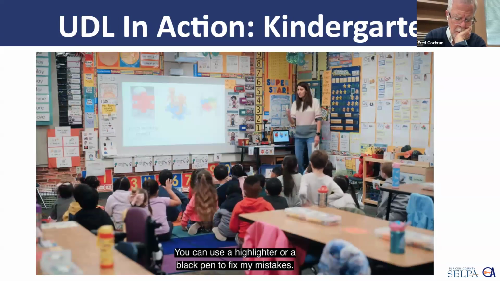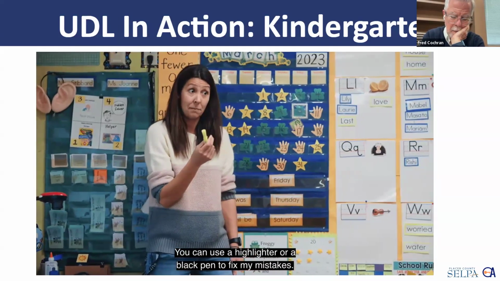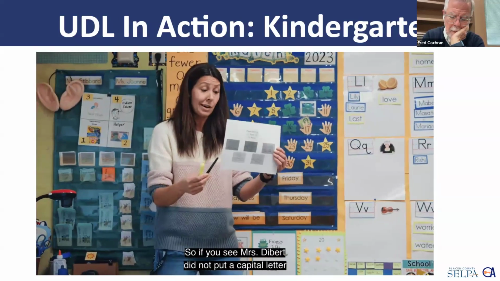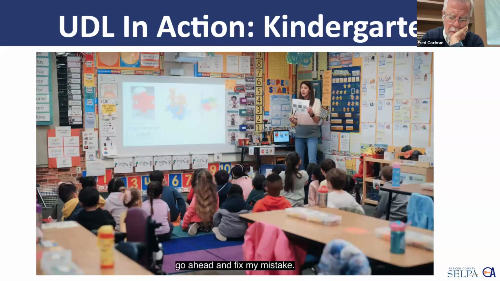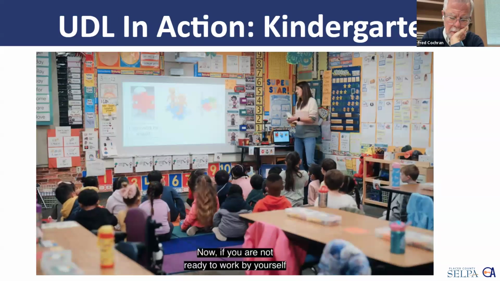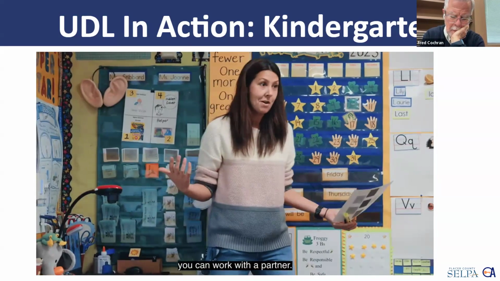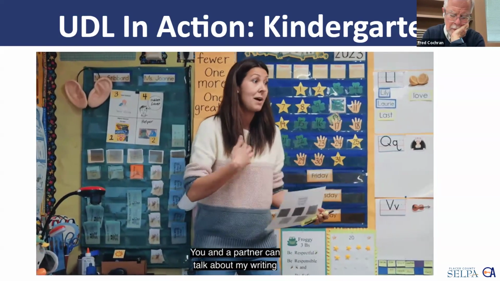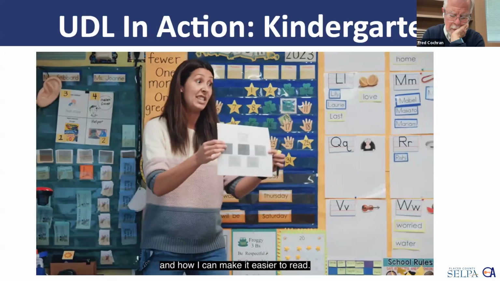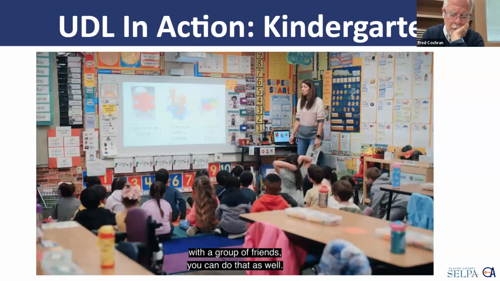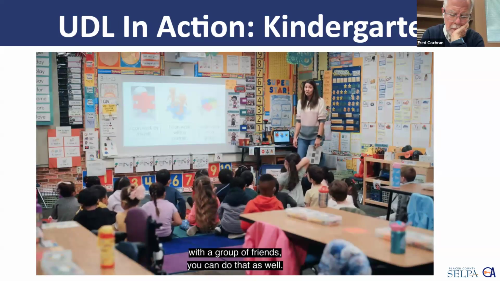You can use a highlighter or a black pen to fix my mistakes. So if you see Mrs. Stibbert did not put a capital letter, go ahead and fix my mistake. Now, if you're not ready to work by yourself, you can work with a partner. You and a partner can talk about my writing and how I can make it easier to read. And if you think that you would do better working with a group of friends, you can do that as well.